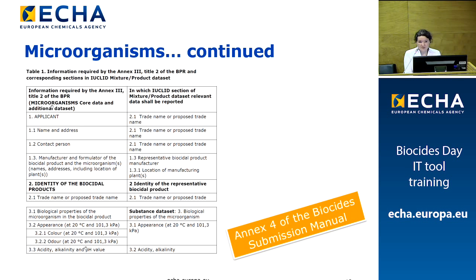But to make inserting data easier for you, in the biocide submission manual there is a special Annex 4 with a table, and the table is a direct mapping between what you can find in Annex 3, Title 2 of the BPR and the Euclid product dataset. The information on the screen is an example of how it looks.